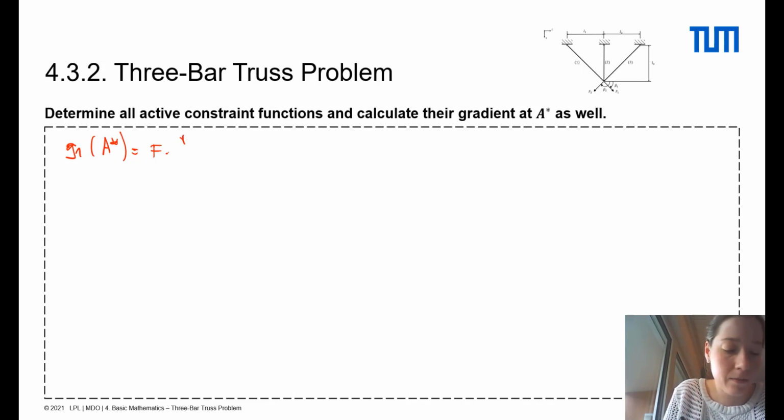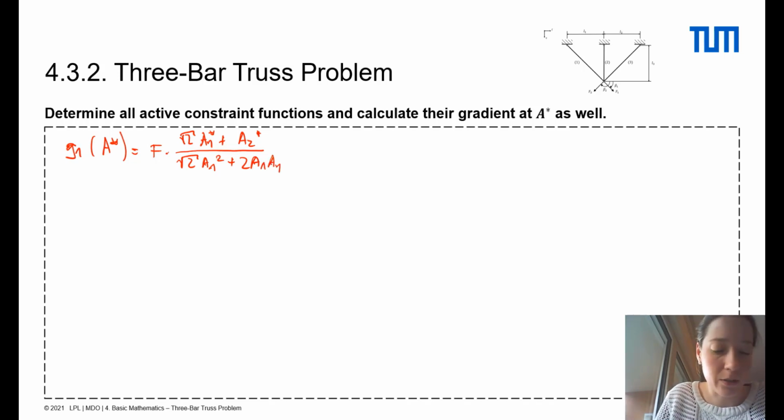And that's our sigma 1, 1. So the stress in the first bar with respect to the first force here, minus 260 megapascal, which is sigma yield of the first bar or the first material. And then we can plug in the values.